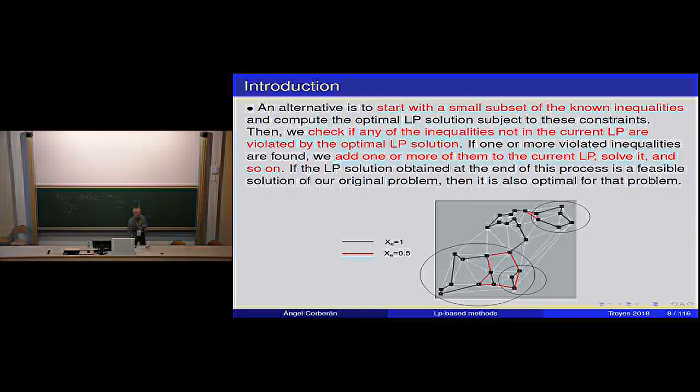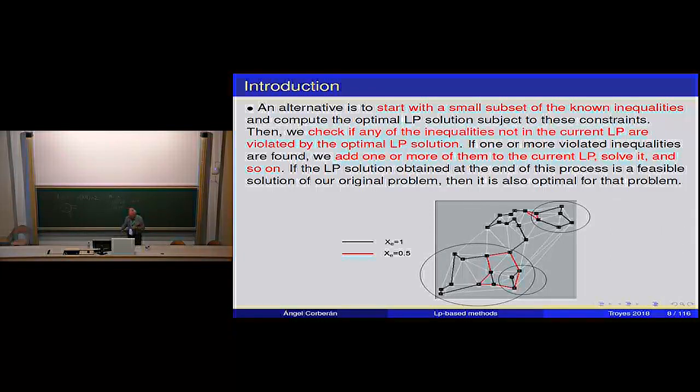So the idea is I cannot add all this family of inequalities, so I add just a few or none, and then I identify those inequalities of this family that are not satisfied by the linear solution, and I add them to my linear program, and I solve again and again until all of them are satisfied.